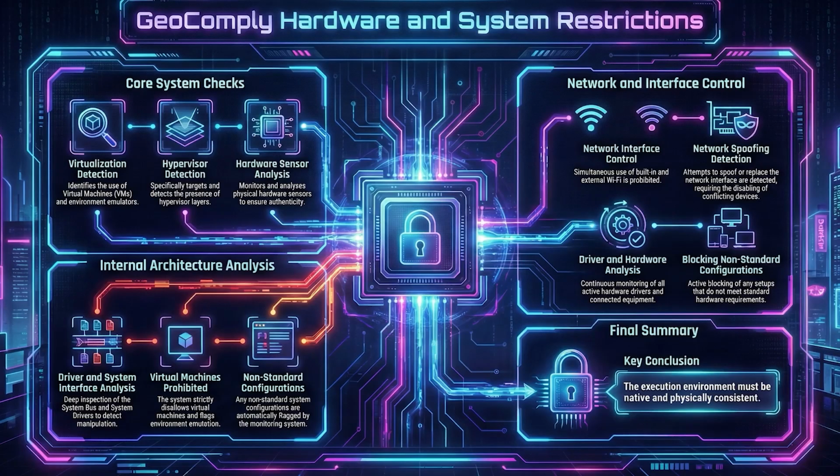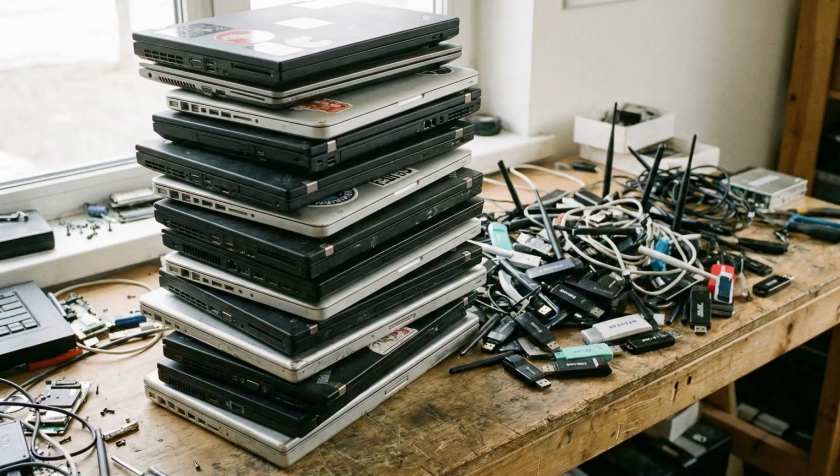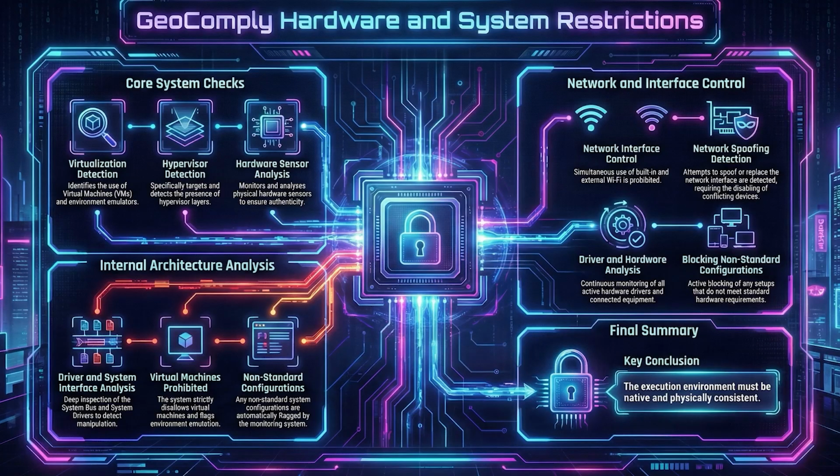Because if you use, for example, a laptop and want to implement the following scheme: take a huge number of old laptops, a huge number of Wi-Fi dongles, and use one laptop, one account, then you, unfortunately, will not be able to do it either. Why? Because the system prohibits normal work.